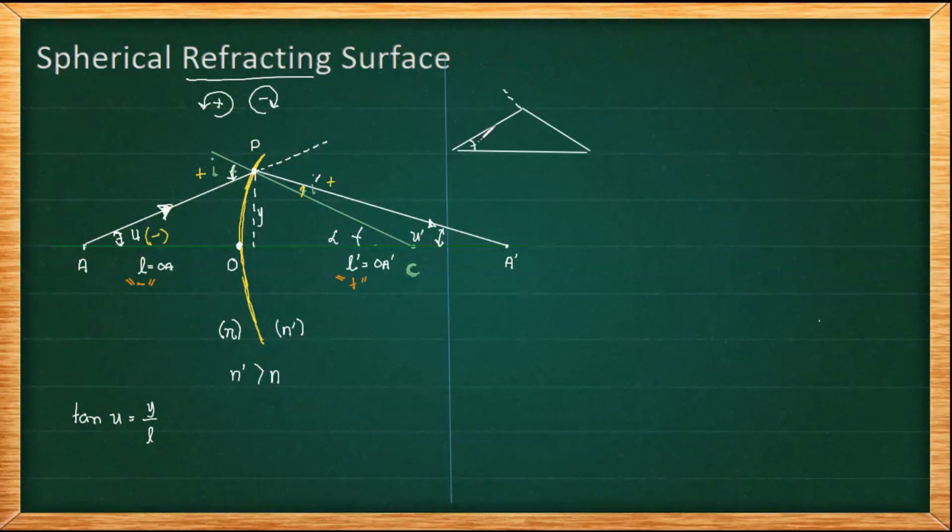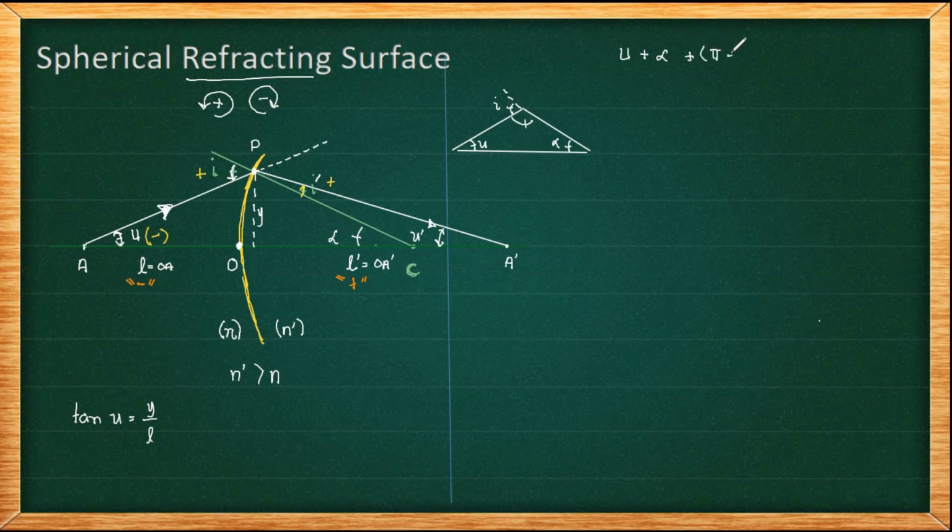So this is our U, this is our alpha, and this is our I. Now remember that when we have a triangle, adding all the angles will give you what? 180 degrees or pi, which means from here we can write the equation U plus alpha, and this angle here is just pi minus I, right?